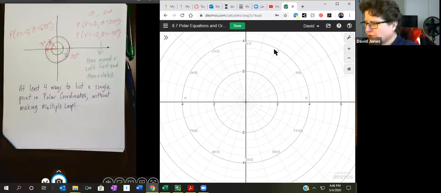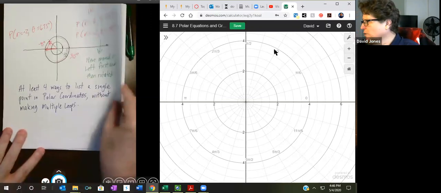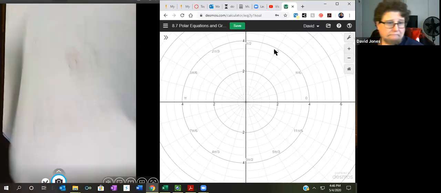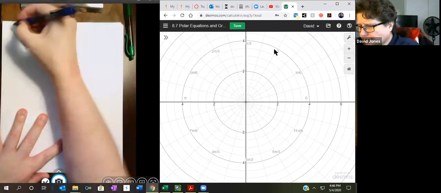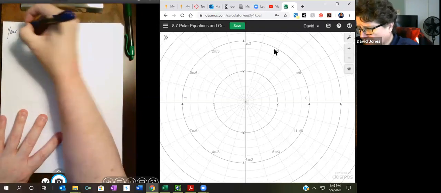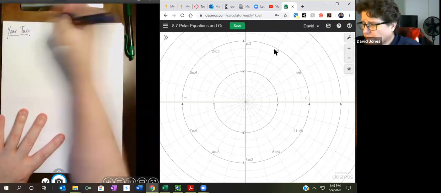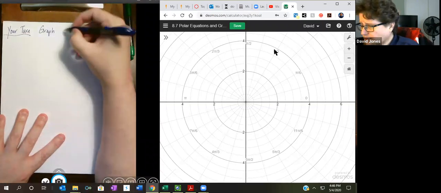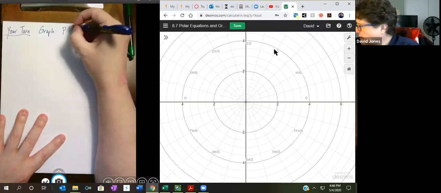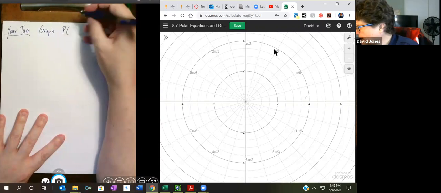So let me give you an example and ask you to find 3 other ways to write it. So your turn. Graph, I don't want to make the graph too big.